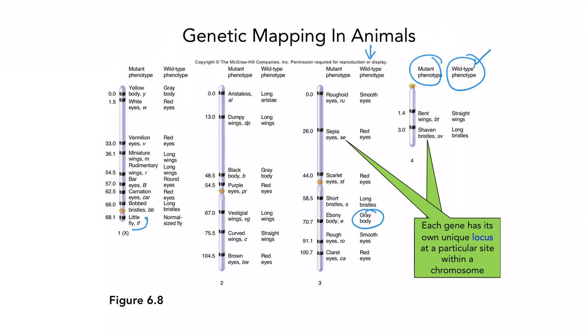So these genetic maps can be really useful. They allow us to understand the overall complexity and genetic organization of a particular species. They help molecular geneticists to clone genes because they know the location of these genes. And they can improve our understanding of the evolutionary relationships between different species.